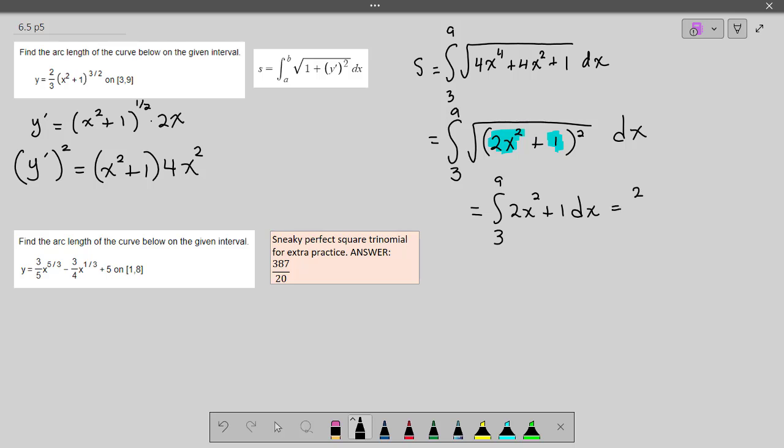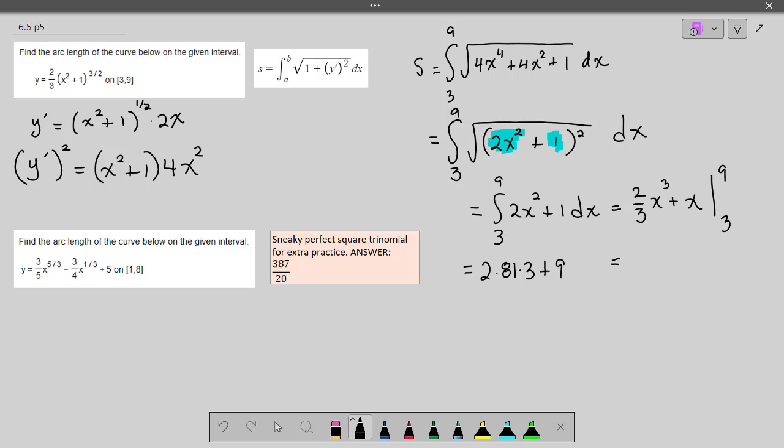And that we can integrate very nicely. Plugging in the 9, we're going to get 9 times 9 times 9. So that's 81 times 9. That third 9 is going to wipe out a 3 in the denominator, and 3 will go into 9 three times.